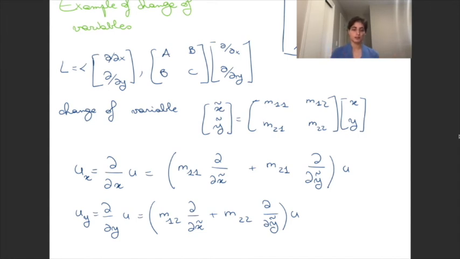You notice that in the derivative with respect to x of u, we have the first column of M, and in the derivative with respect to y of u, we have the second column of M. Makes sense, because when you're doing the matrix product, you're going to multiply the first column by x and the second column by y.